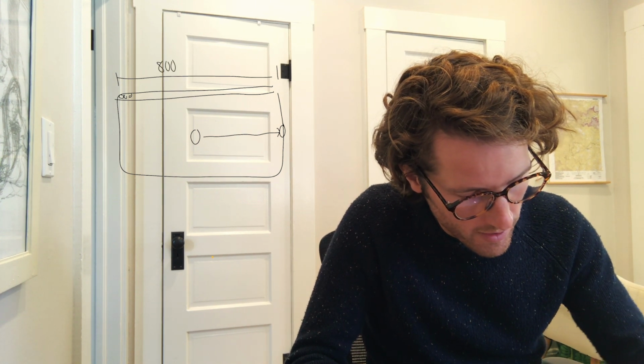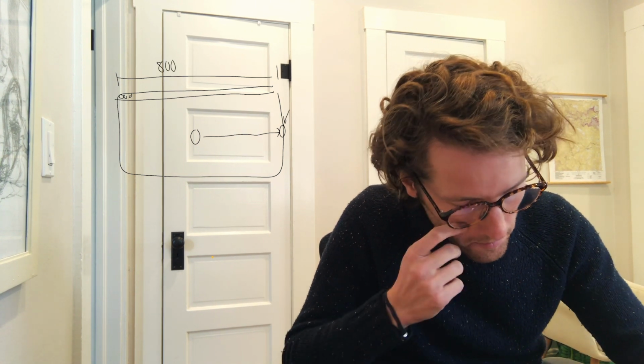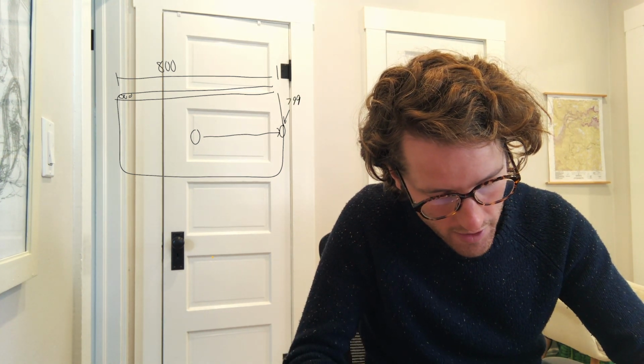So here is our screen yet again. We've got our ellipse. So as we're moving it over here to the right, when it's right there, when it's starting to go off the screen, we know our width is 800 still, so its position right here would be something like 799.